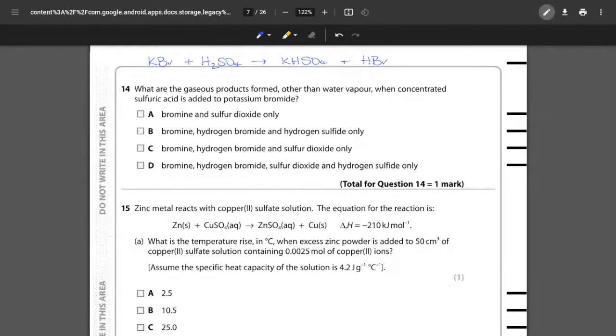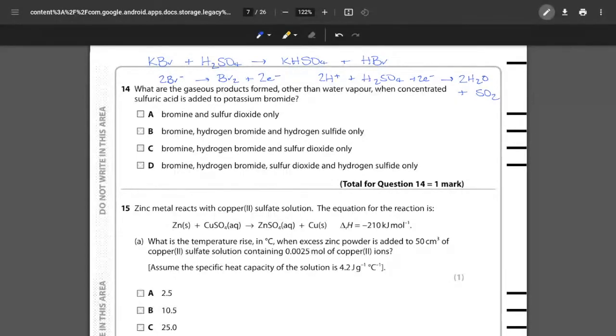And then from the HBr, that is then going to react further, and we end up with the bromide ions forming bromine plus 2 electrons, and then the hydrogen ions from the HBr reacting with the sulfuric acid plus the 2 electrons, and that is going to give us water plus sulfur dioxide.